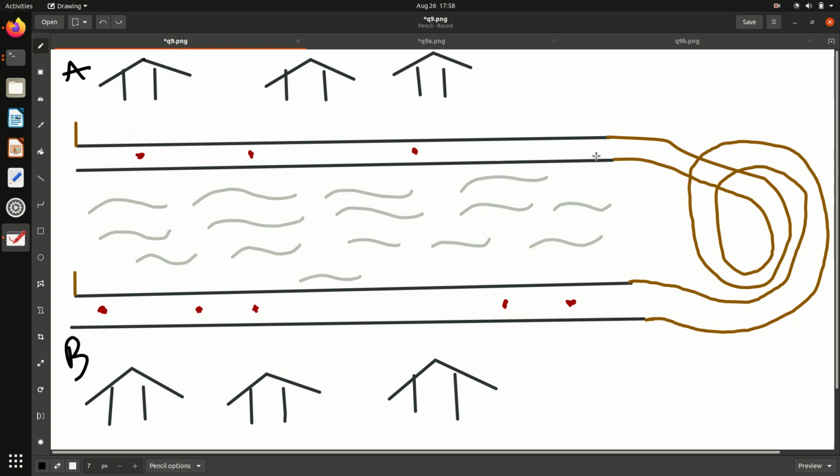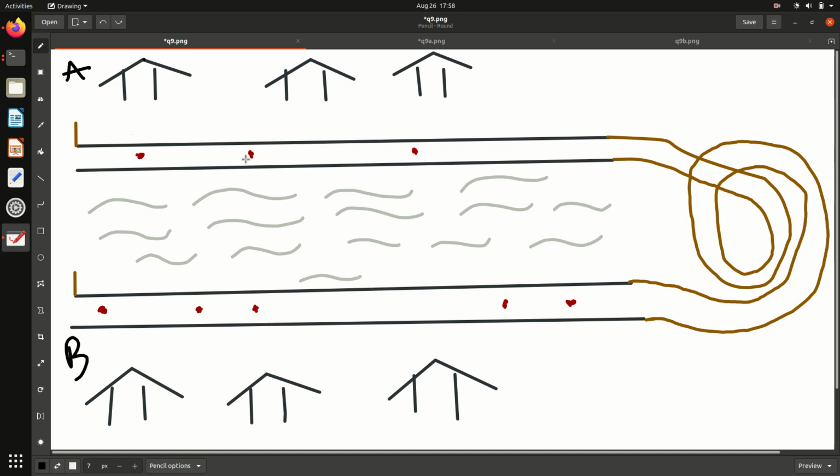Now people are trying to go from A to B through this road, but now they want to build a bridge so that it will save their time. So they want to build a bridge on this road, from here to here or from here to here, and for that there are some points given. You can see these red dots.